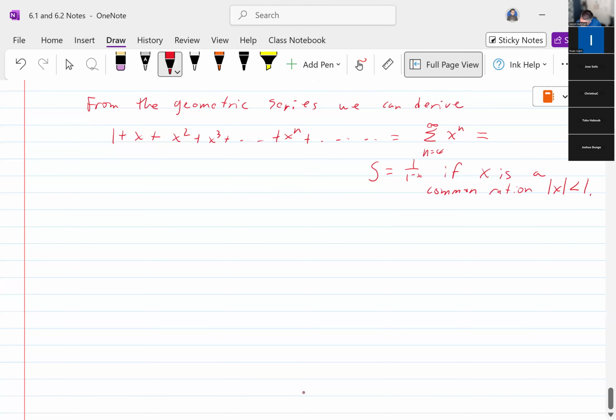We're going to use this idea that 1 over 1 minus x is equal to 1 plus x plus x squared plus x cubed plus dot dot dot plus x to the nth plus dot dot dot, which equals the summation of n equals 0 to infinity of x to the nth, when the domain of x is between 1 and negative 1.